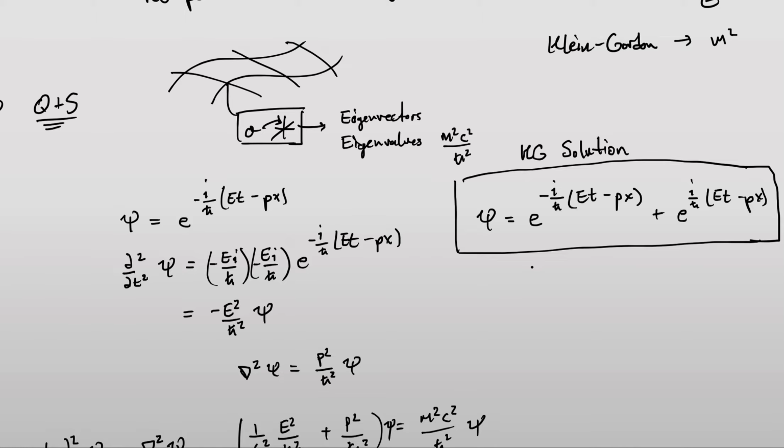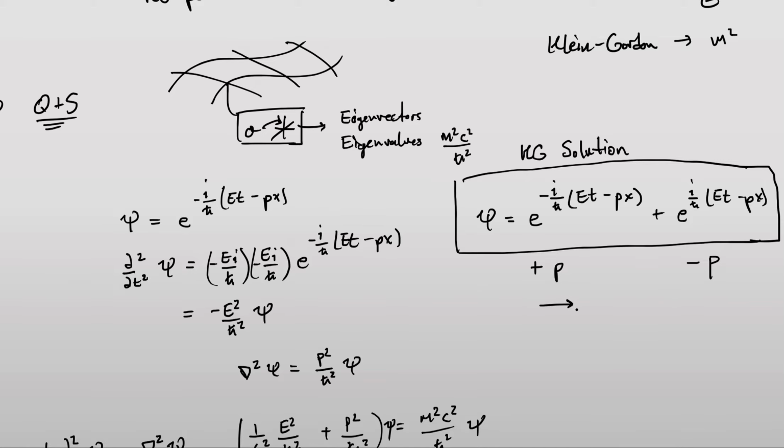So this is positive momentum. I'll just put a P there. And this one here is negative momentum. So these are just opposite directions.